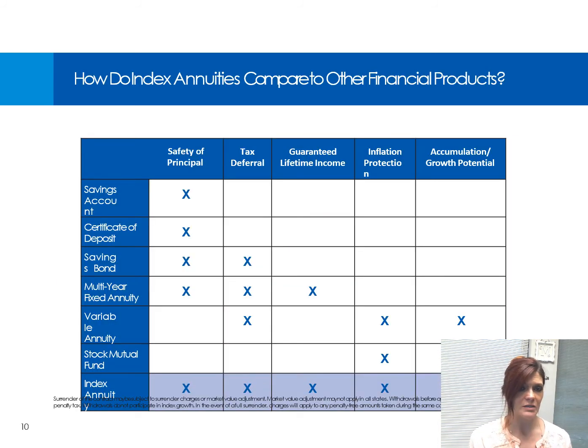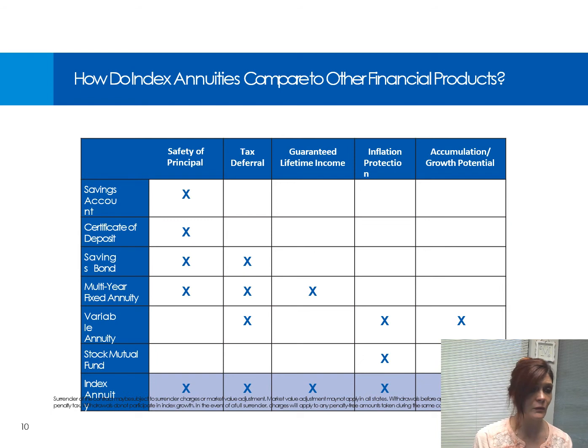Here is a chart that shows you the different types of savings products and generally the features available. The one thing I don't agree with on this grid, a lot of your variable annuities do offer a lifetime guaranteed income that will come in the form of a rider, and you will be charged a fee for that.